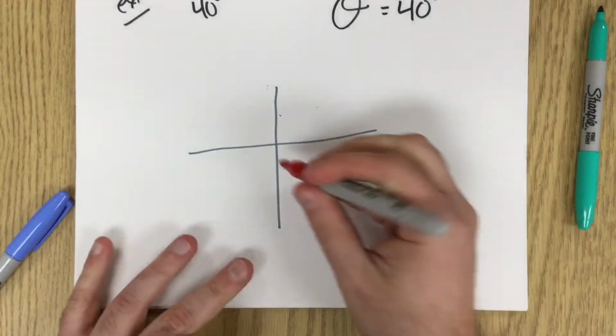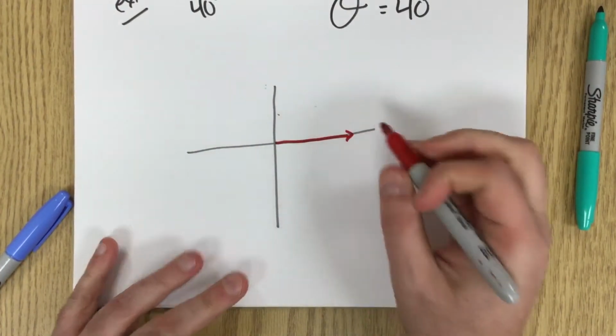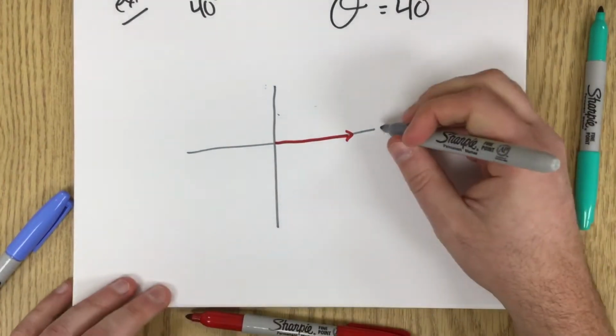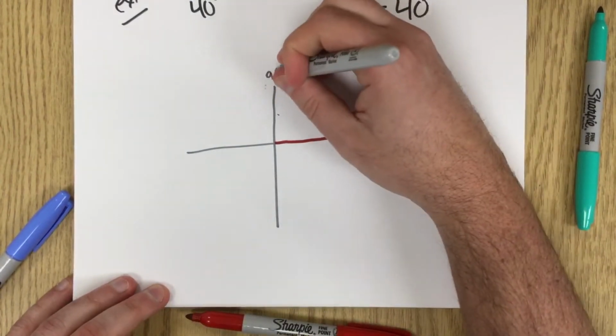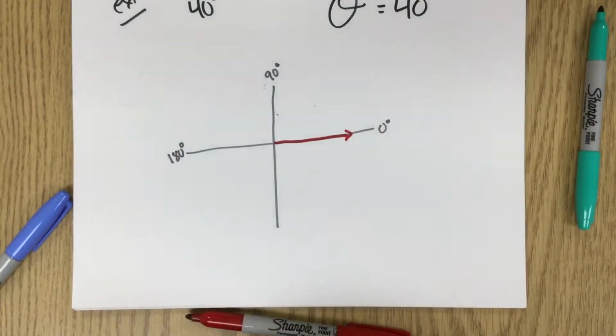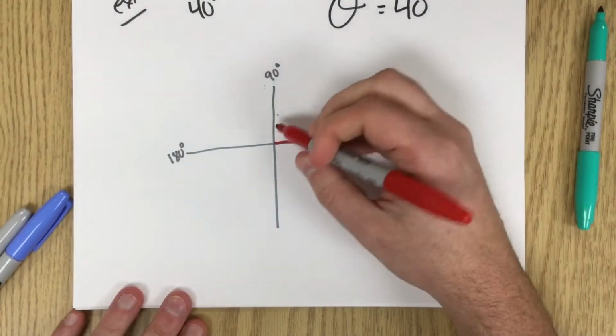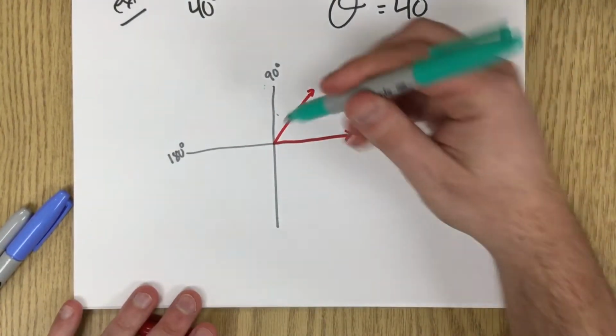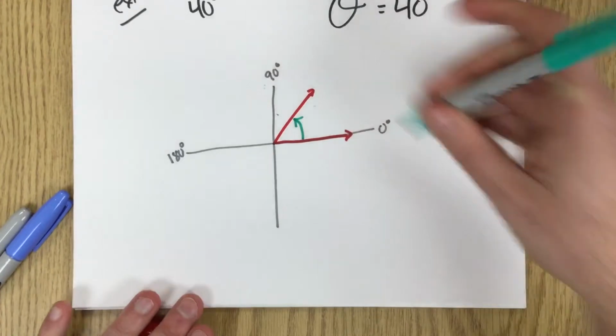The initial arm goes there, and we know that this is 0 degrees, this is 90 degrees, and that's 180 degrees. So 40 degrees would be less than 90, so it would be something like this, and the angle would go from there to there.